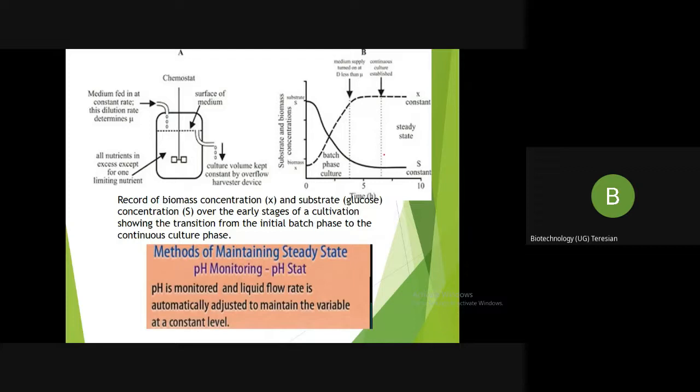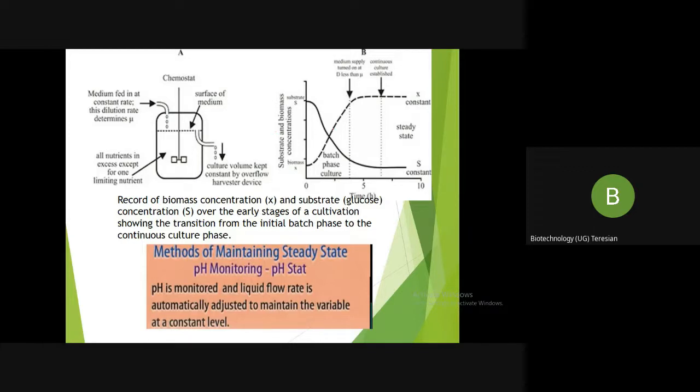So here what is X? It is the biomass concentration, and this is your glucose concentration, your capital S.